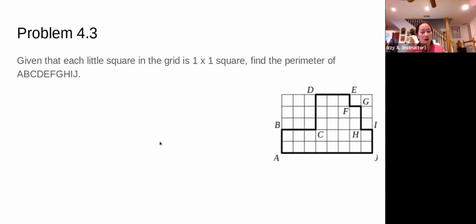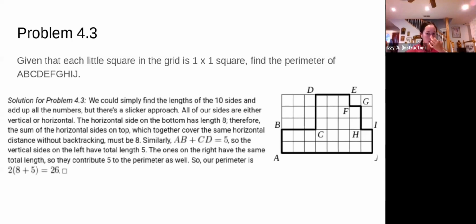Then we would have 16 plus 10, which is going to be 26. I would say that's a more simplified way. Also saves time too. But of course, you can just go with the traditional solution by just adding up all of these sides.